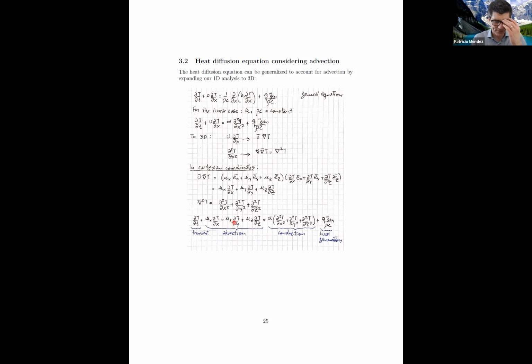And if there is no advection in Y, this term would go away. Why might we have no advection in Y? Maybe there is no gradient in Y, then it's 0. Maybe there is no velocity in Y, then it's 0. For example, in the case of heat exchangers, the flow is lengthwise in a pipe. So lengthwise, we have advection.